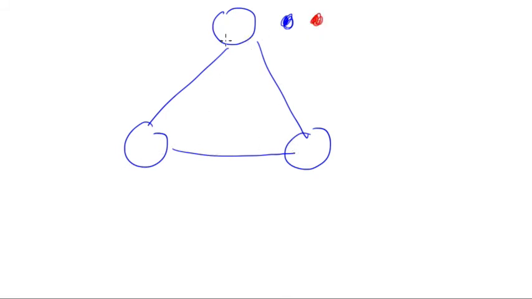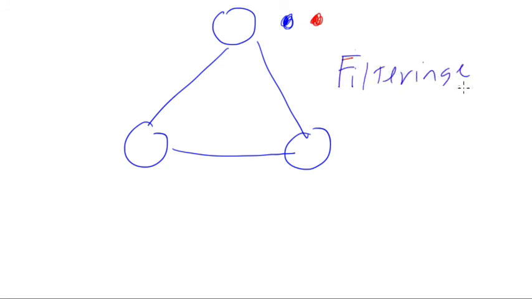Well, if you have two colors and these three nodes, you can see that there is no possible solution, right? There is no possible solution to color this graph with just two colors. You got to have blue, blue, blue, red, but the filtering algorithm will not tell us that no solution can be found.